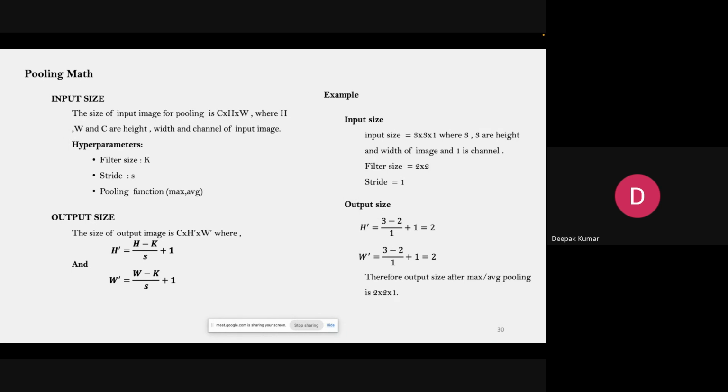If we are not adding the padding and the stride is 2, then because it is in the denominator, it will directly be 2 minus 3 by 2, so it will become 1.5 or something, but we keep it an integer, so it will be 1 in that case. So simply apply this formula, it is pretty straightforward. If anyone has any question I can explain, but it's quite straightforward, right?